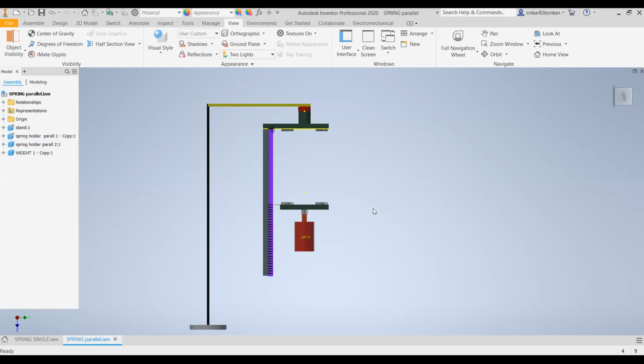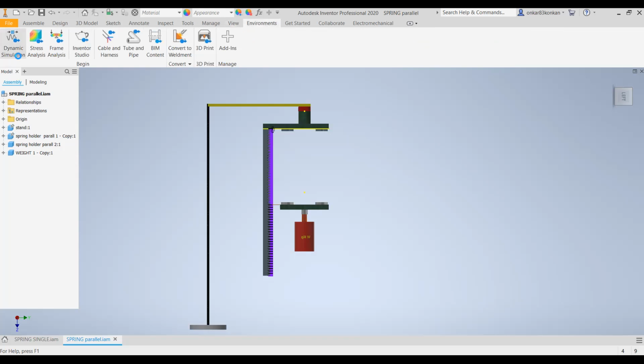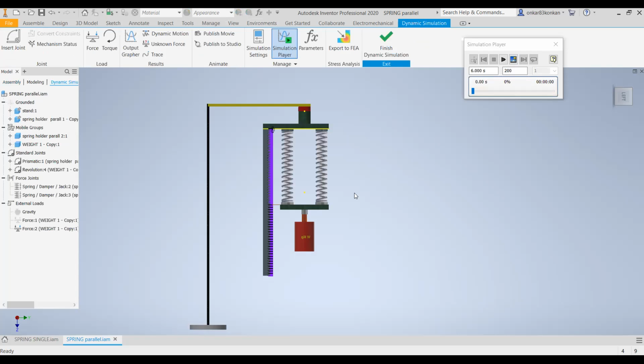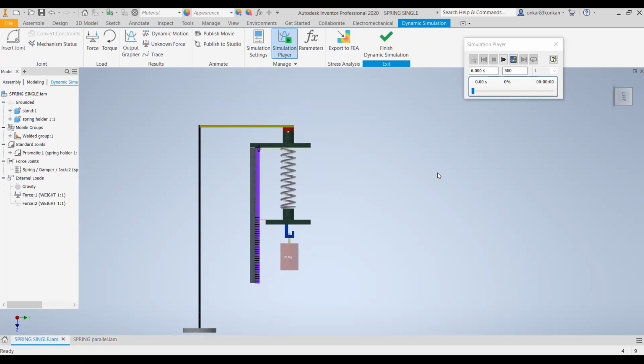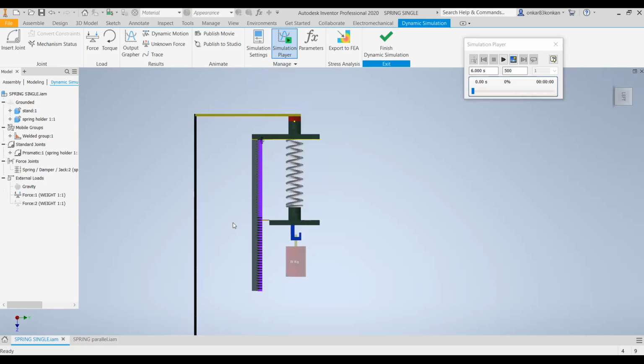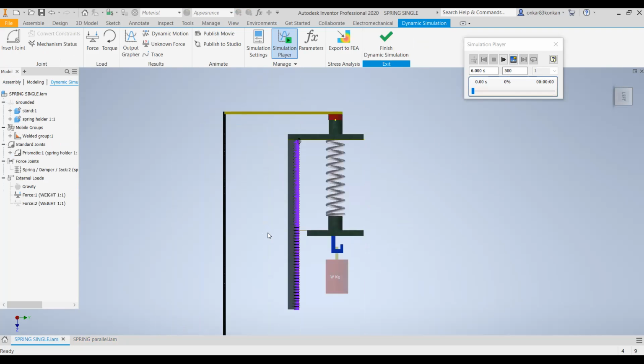The initial experiment is that we should find the spring stiffness. Okay, so this is the given spring.